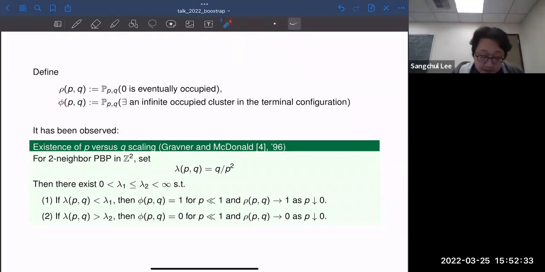Phi is the probability that there exists an occupied cluster in the terminal configuration, where the terminal configuration is the configuration obtained by running this bootstrap dynamics indefinitely. Because the dynamics is monotone, the pointwise limit of the configuration is well defined, and that's what the terminal configuration means.